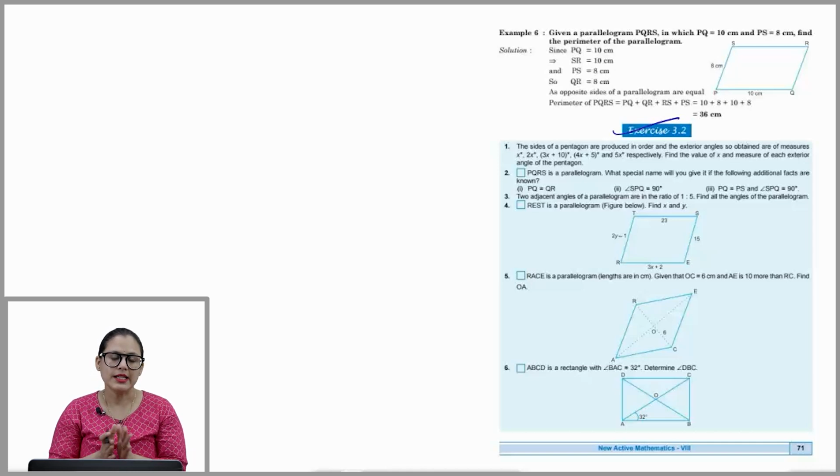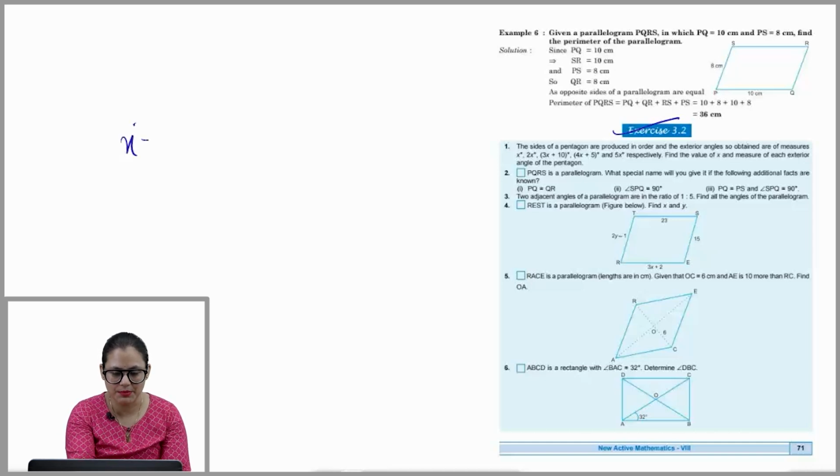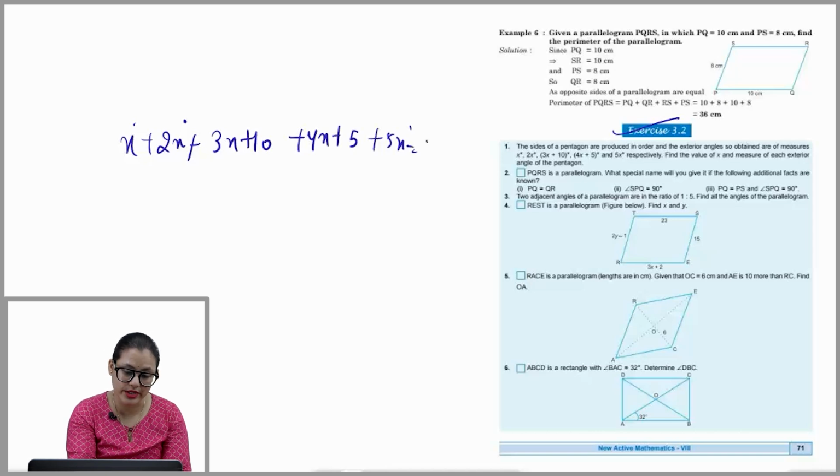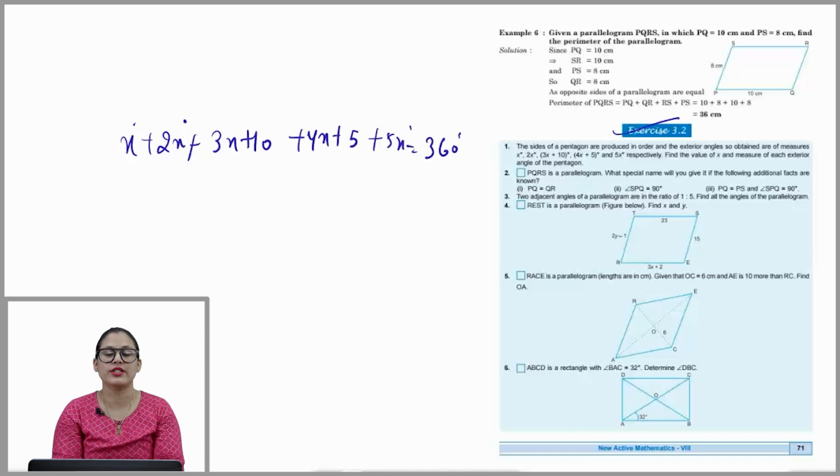Okay. As we learnt before, the sum of the exterior angles of any figure is equal to 360 degrees. So here x degrees plus 2x degrees plus 3x plus 10 degrees plus 4x plus 5 degrees plus 5x degrees is equal to 360 degrees. Reason: the sum of exterior angles is 360 degrees.